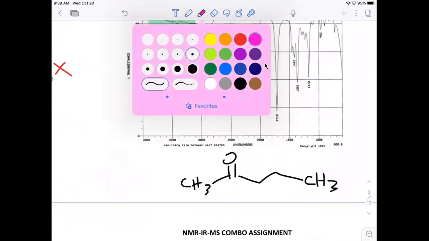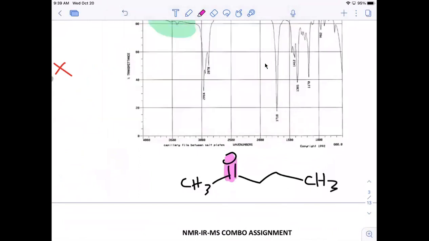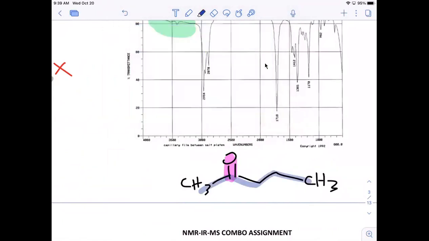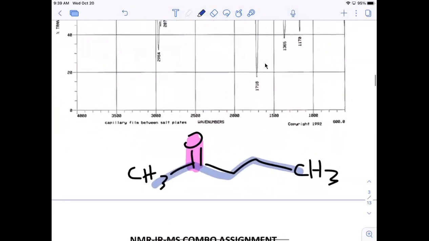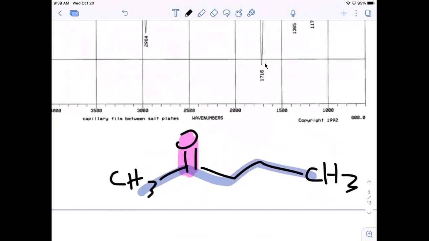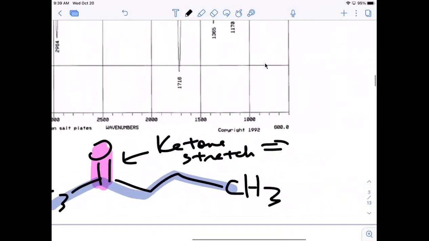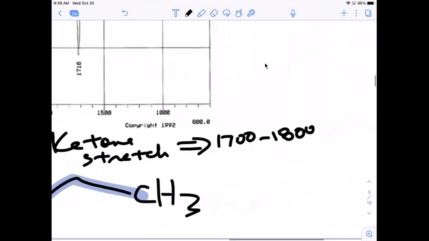I'm looking for a carbonyl stretch in the infrared, and I'm looking for alkyl stretching, so the chain itself. The carbonyl, this is a ketone. I'm looking for the ketone stretch. That's going to be somewhere between 1700 and 1800 reciprocal centimeters.